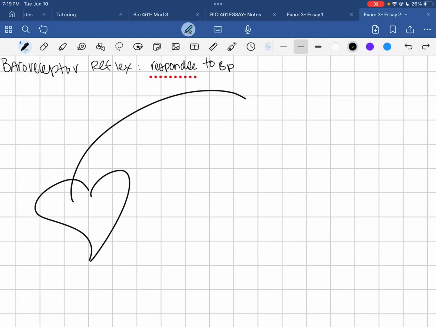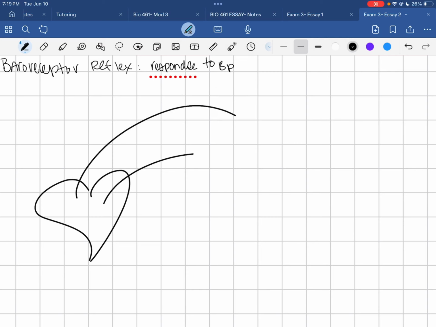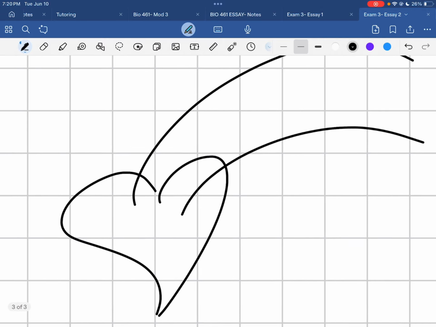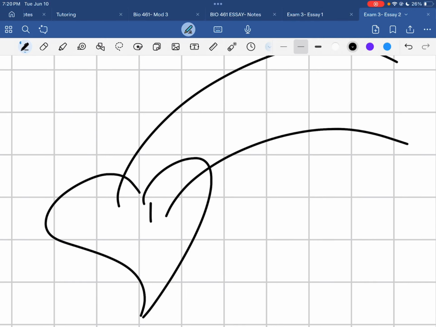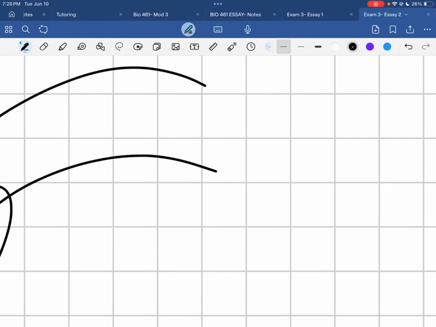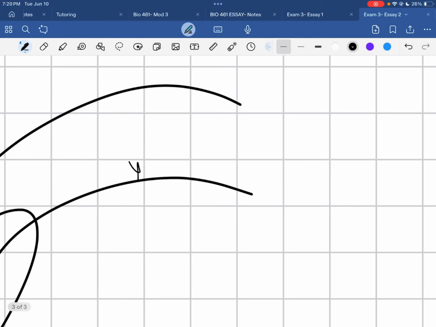So we have our heart rate here. Let's say we have our semilunar valve right here.